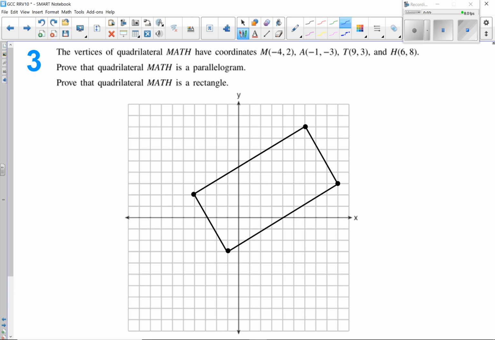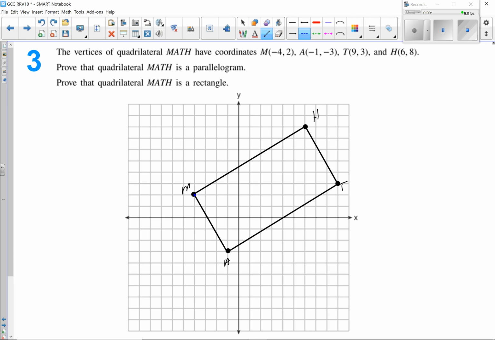So there are lots of things you can do to find that it's a parallelogram. My favorite way to do it is the diagonals. I've already drawn the rectangle here. This was M, this was A, this was T, and this was H. I like to use the diagonals when I'm dealing with these coordinate proofs whenever possible.